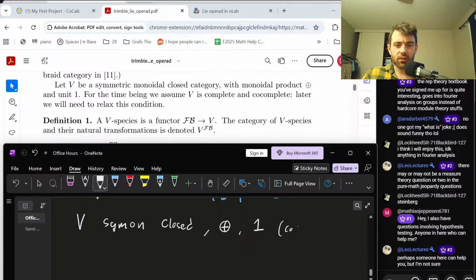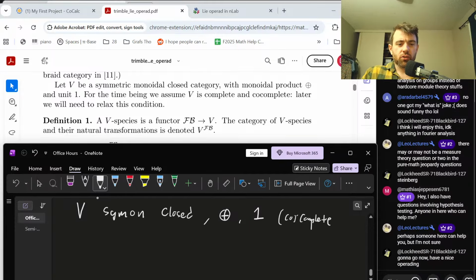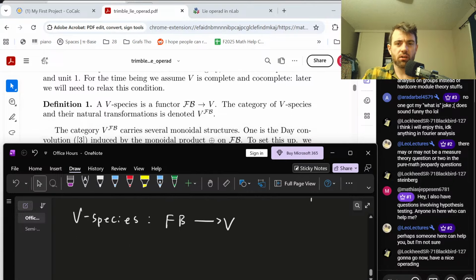And we'll say it's complete and co-complete. So a V-species, I've never heard this term in my life. A V-species is a functor from finite sets with bijections into V. And the category of V-species with natural transformations is this.